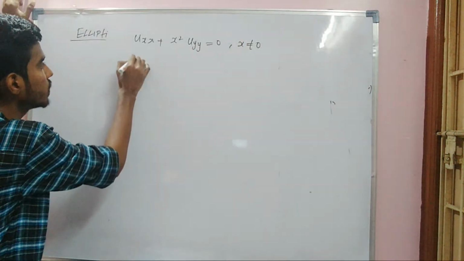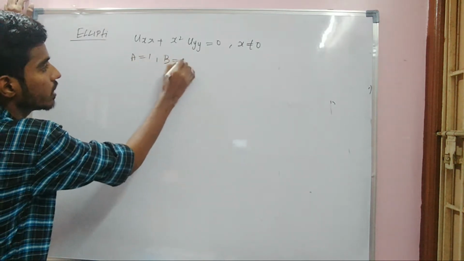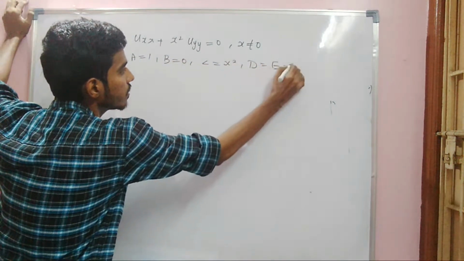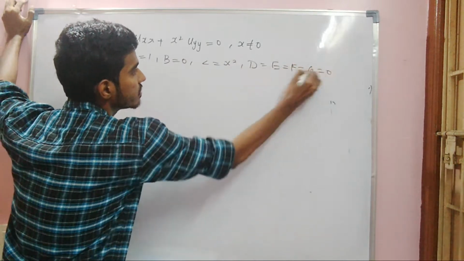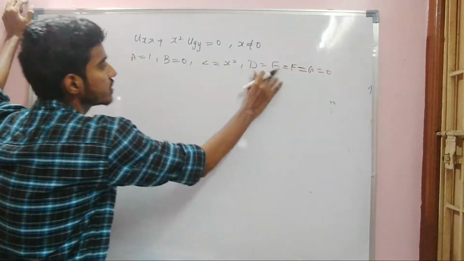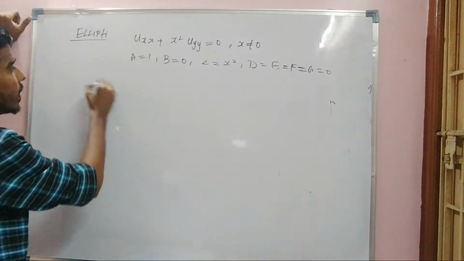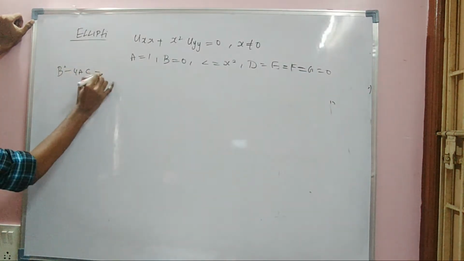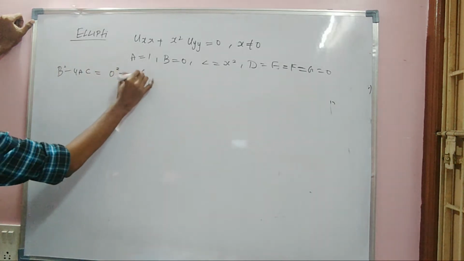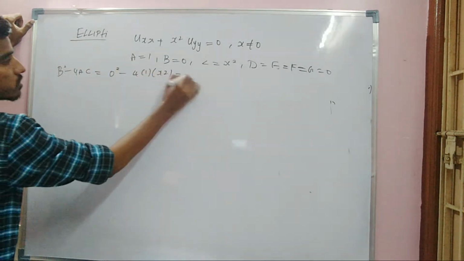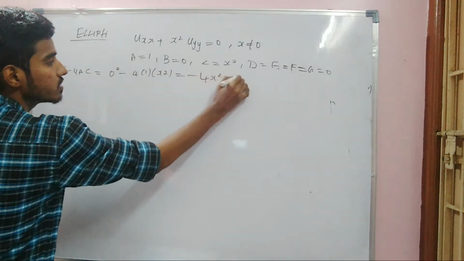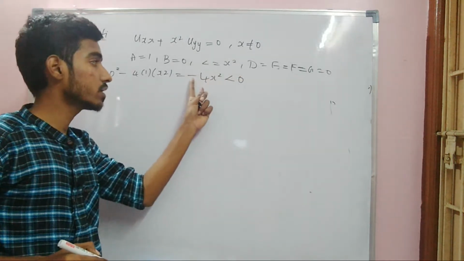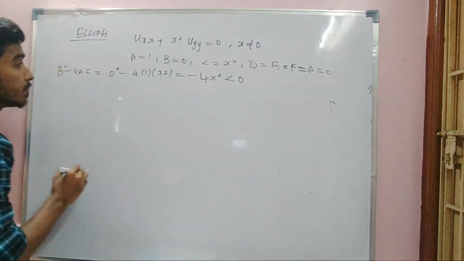So we have a equal to 1, b equal to 0, c equal to x square, and d, e, f, g all are 0. So what will be my b square minus 4ac? 0 square minus 4 into x square, it will be minus 4x square. Always it will be less than 0 because x square is positive and we have a negative sign, so it is elliptic.